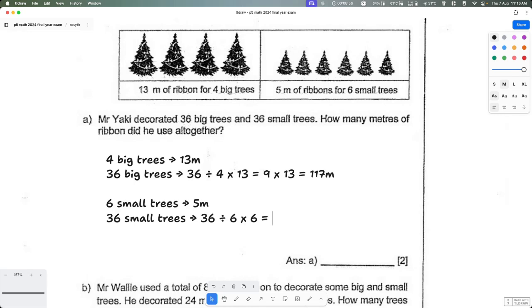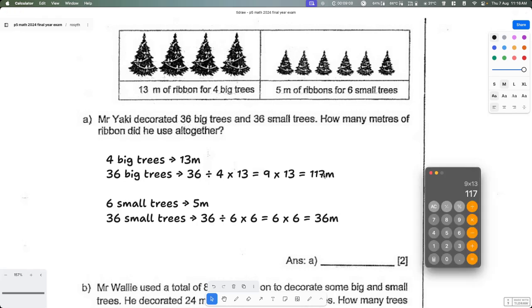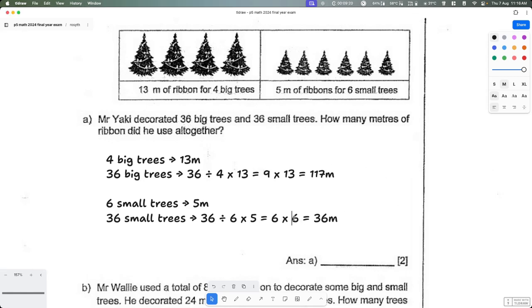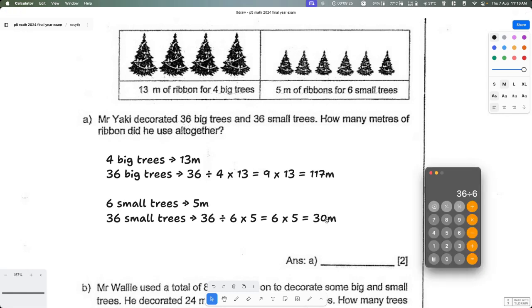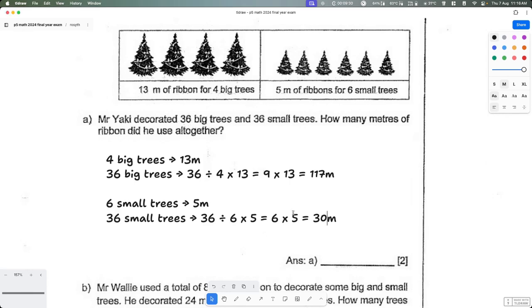So 36 divided by 6 is 6, and 6 times 5 should be 30 meters. Okay, my bad on that. So this is 30 meters. Okay, great. So let's do the total.